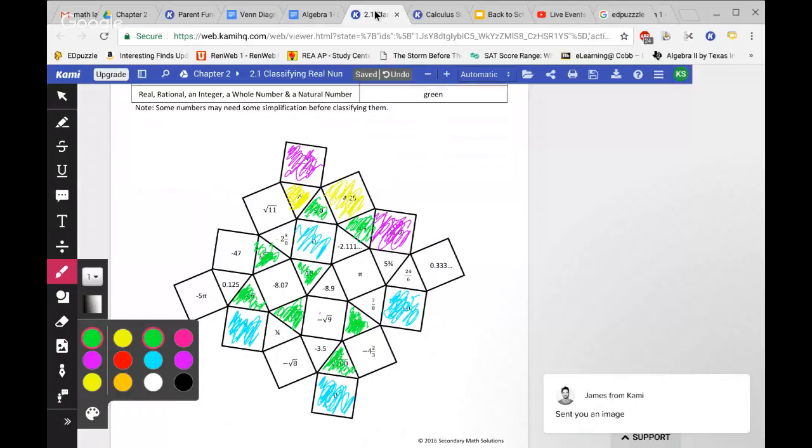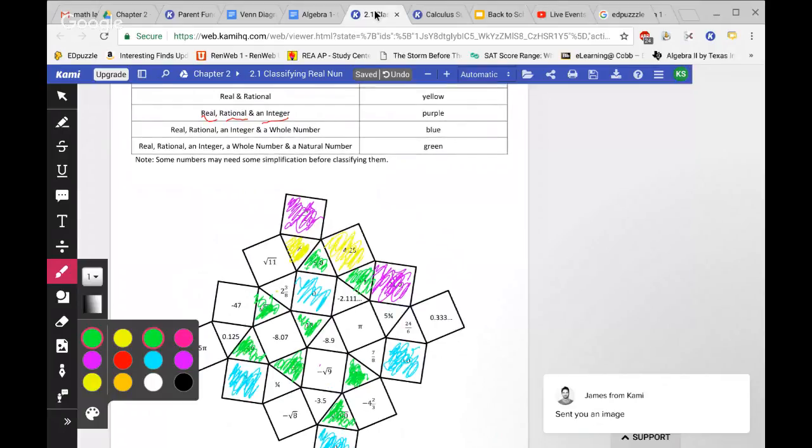So the next one, let's take a look at the square root of 11. That's going to be a number that goes on forever and ever. I think it's 3 point something. It doesn't repeat, but the numbers go on.